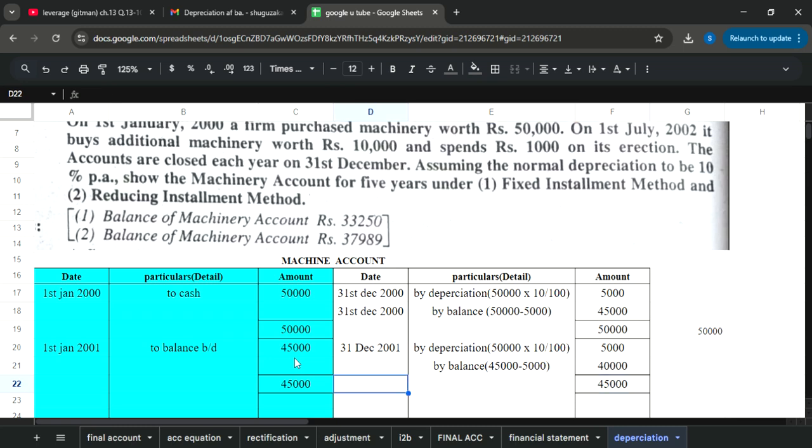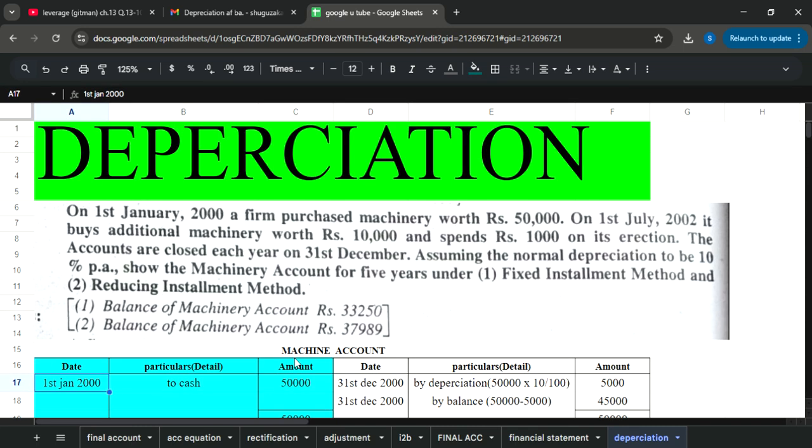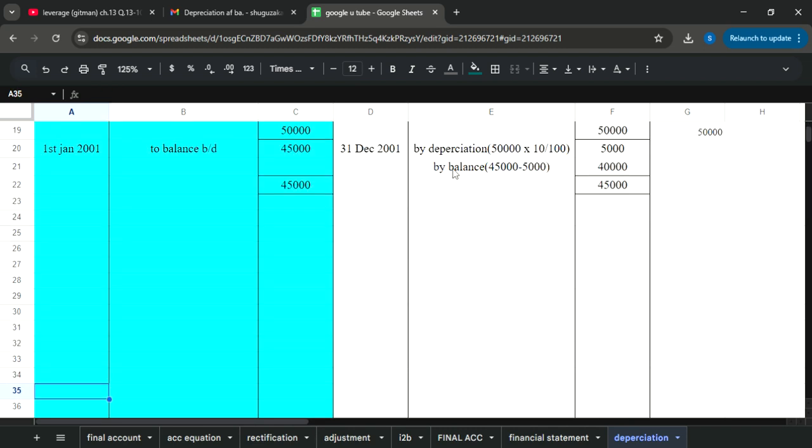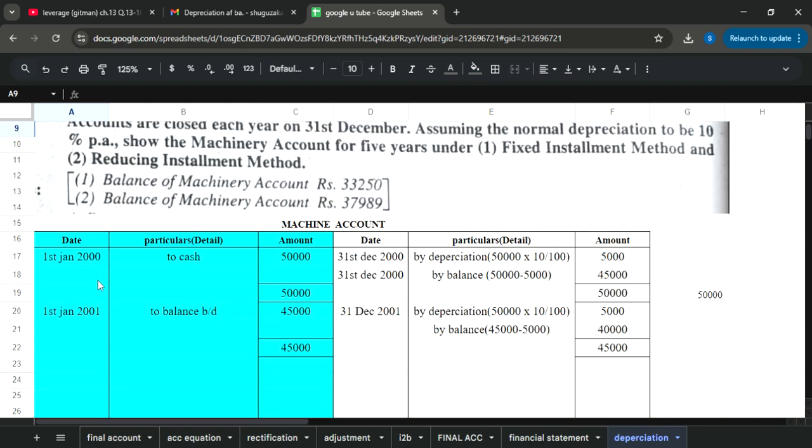It's time to be very much attentive, because what our question was saying is that on 1st July 2002 there is a change. We have completed 2000 and 2001, and there is a change in 2002. So 1st January 2002 arrived.